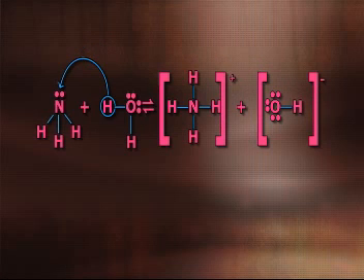The Bronsted-Lowry concept also explains how ammonia acts as a base in water. The Arrhenius concept failed to accomplish this. When ammonia ionizes in water, water acts as the acid.